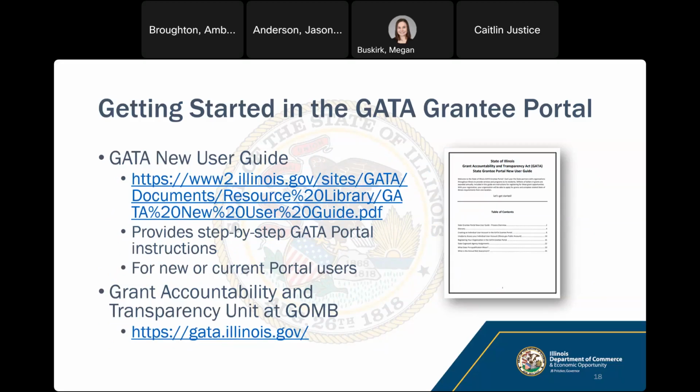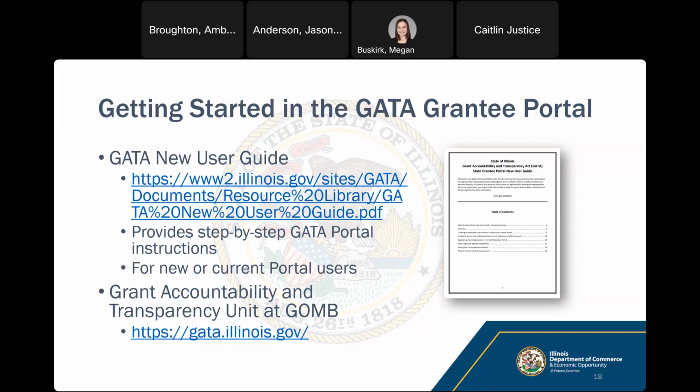All right, if you are brand new to the GATA Grantee portal, I recommend checking out the GATA New User Guide. So this would be if you're brand new to the portal and you need to register on this website, which is the website for choosing your indirect cost rate.